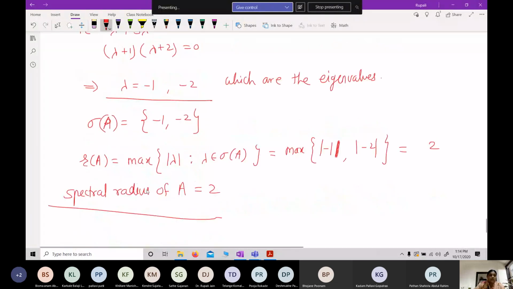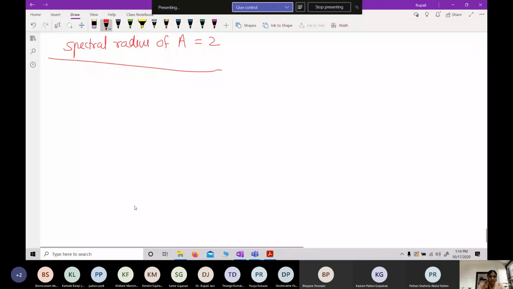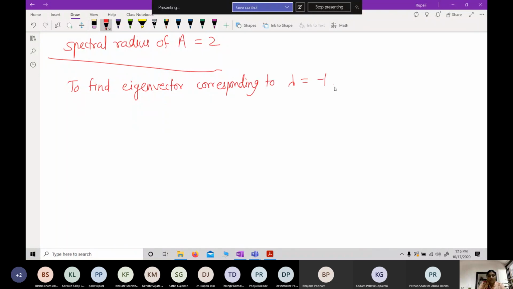Okay. Eigenvalues are this. Spectral radius is 2. Now we want to find eigenvectors. To find the eigenvector corresponding to lambda is equal to minus 1, how do we find it? A minus lambda I into u is equal to 0.